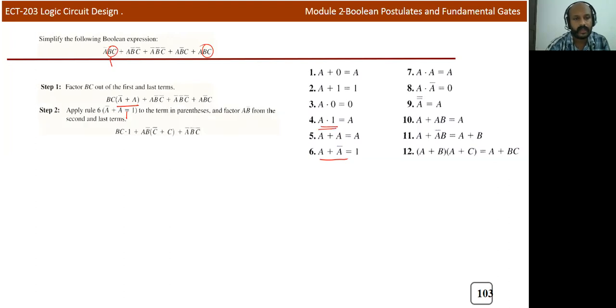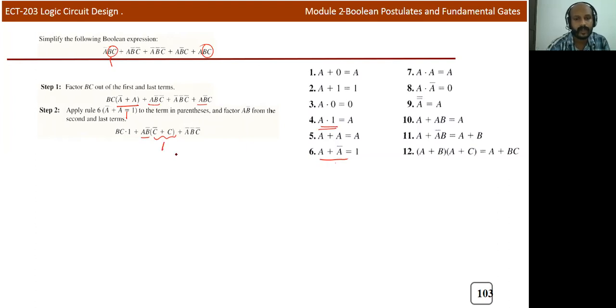Something into 1 is exactly the same, so I can reduce this. Similarly I can take another term, a b bar. Here also a b bar, here also a b bar. If you take these two terms, this term common, the remaining is c bar plus c. Again I can substitute this rule, a variable and its complement I can replace by 1.